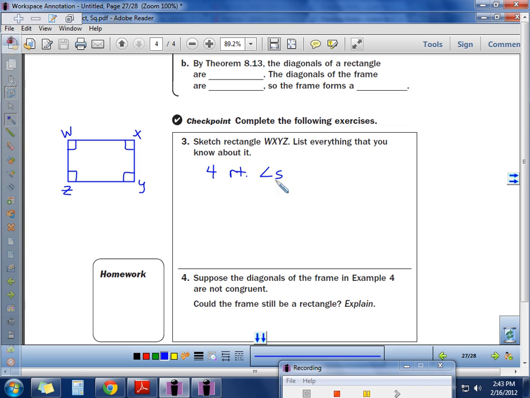Another one. Opposite sides are congruent. Consecutive angles are supplementary. Say the good math word, supplementary. Opposite sides parallel.